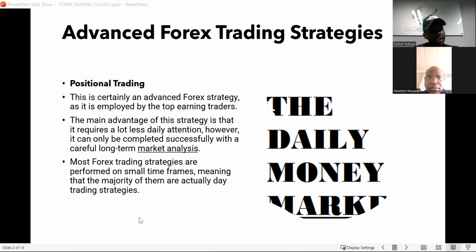So the first one is position trading. Position trading is one of the most important when you are trading, because it determines the positions: where exactly you are opening the trade, where the trade is going to go, where you're going to take your profit, and where you're going to put, for example, your stop loss.